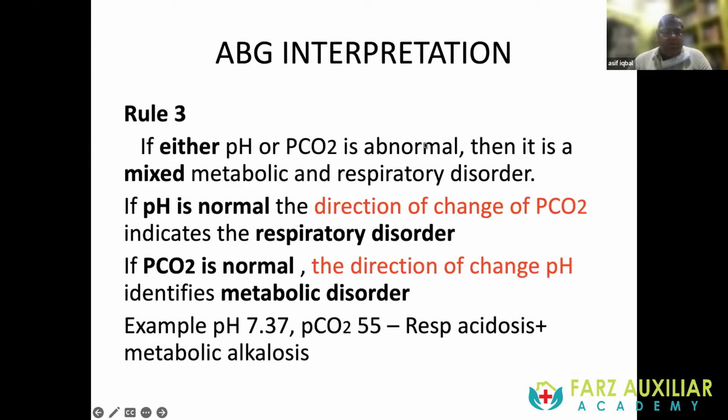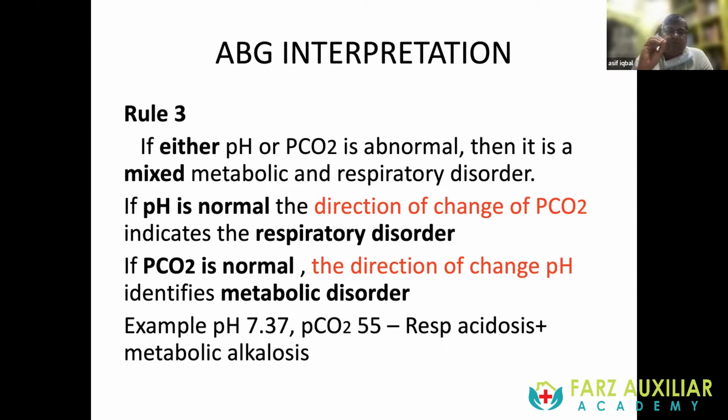Now, ABG interpretation rule number 3: if either your pH or PaCO2 is abnormal, then it is a mixed metabolic or respiratory disorder. There are multiple literatures and books on the ABG. This is my note.